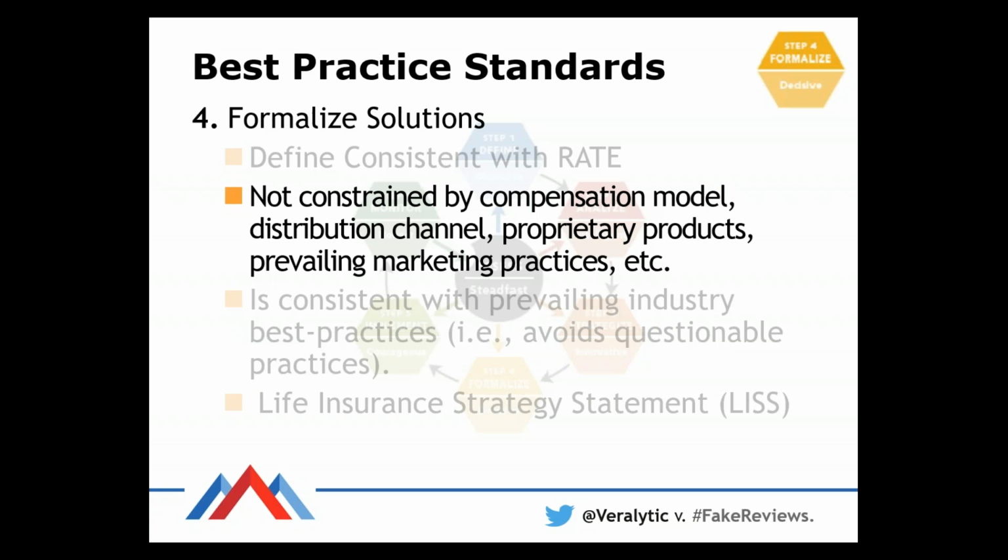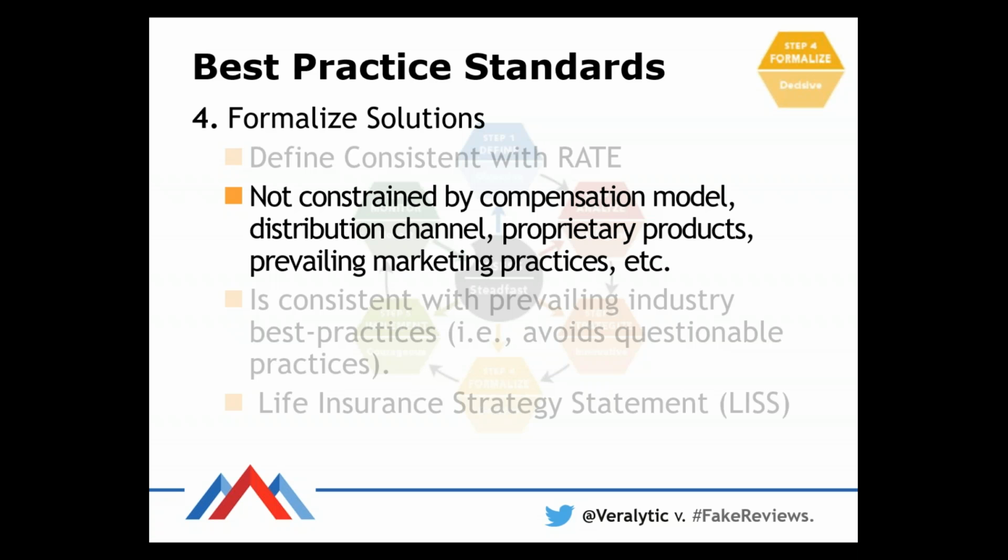and need to understand, for reasons we'll talk about in the next slide, that the best available rates and terms is not a function of a particular compensation model. It's not a function of a particular distribution channel. It's not a function of proprietary versus non-proprietary products.